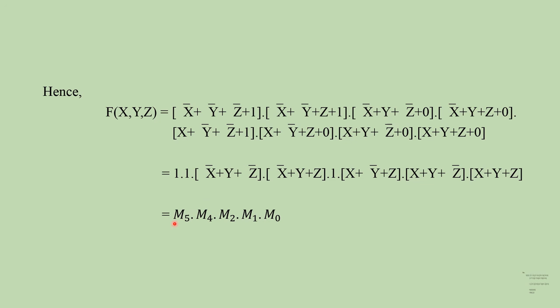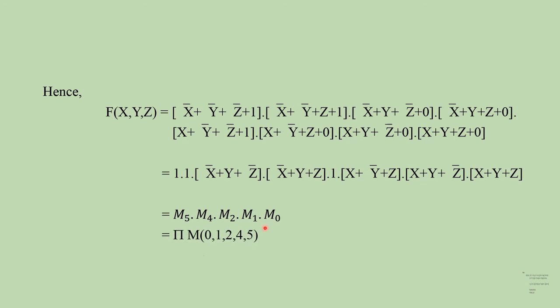So here we write 101 means 5. So this is the function of M5 dot 100. This is the function of 4, so here we write M4 dot 010. This is the functional value of 2, so here we write M2 dot 001. That is 1, so here we write M1 dot, and this is the value of 000, so here we write M0.